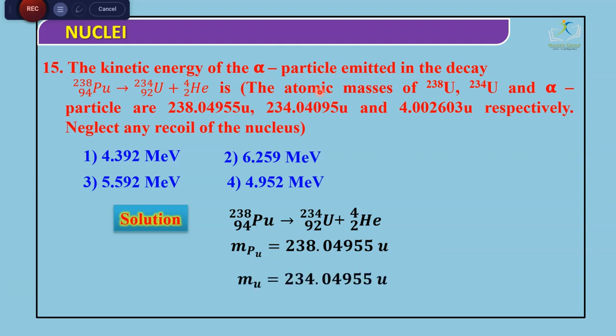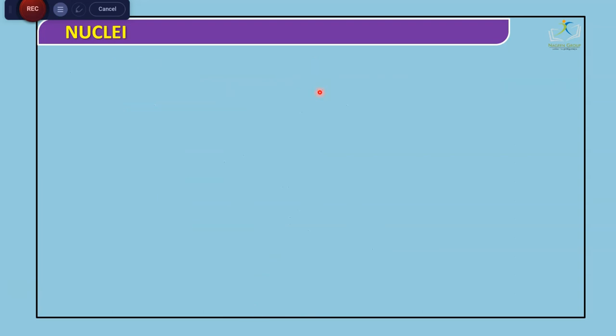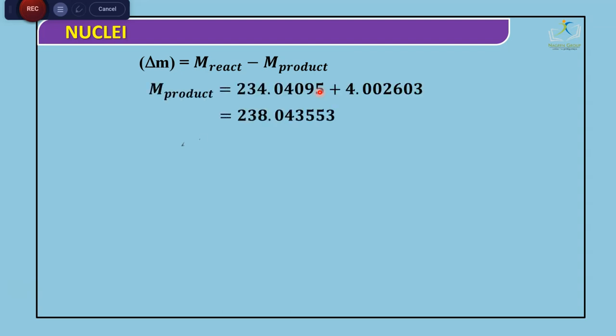The given mass for uranium 234 is 234.04095, and the mass of the helium is 4.00260 u. So the mass of the reactant minus the mass of the product gives 238.043553, and delta M comes out to 0.006.